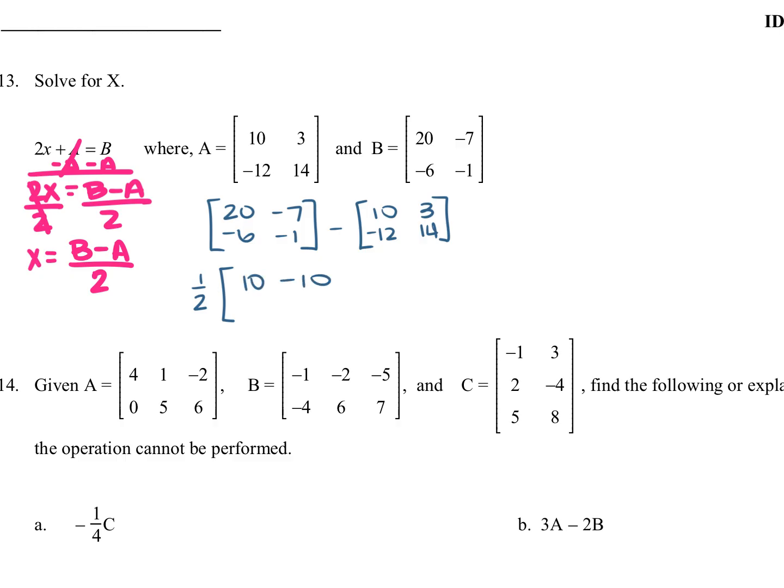Negative 6 minus negative 12 turns into negative 6 plus 12, which is positive 6. And negative 1 minus 14 is, sorry, negative 15. So from here, we're just going to multiply everything by 1/2 or divide it by 2. And that gives you 5, negative 5, 3, negative 15 over 2.